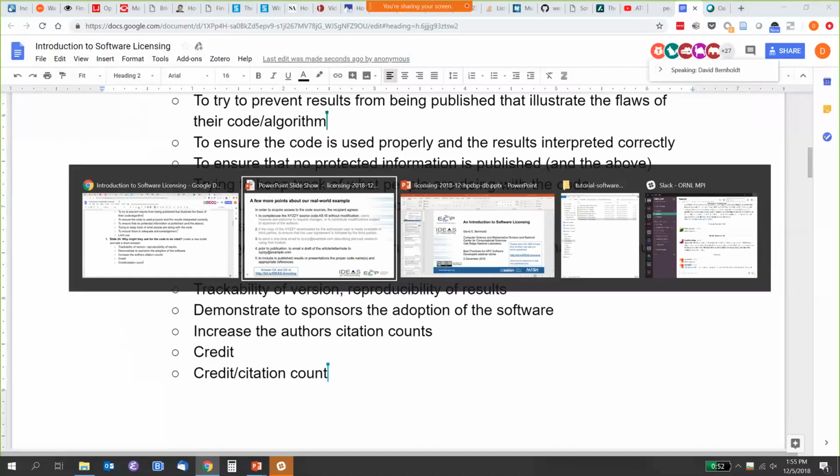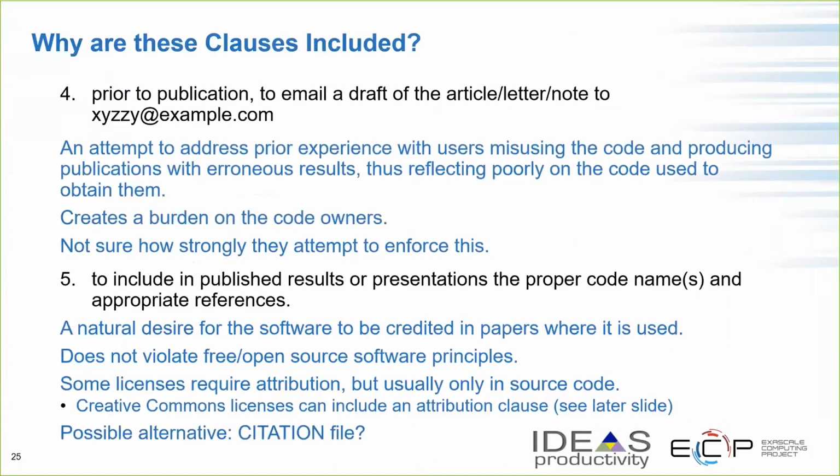So let's take a look at these two questions. Item 4 in the license, basically, for these guys was an attempt to address prior experience with users misusing the code and generating publications that had erroneous results.